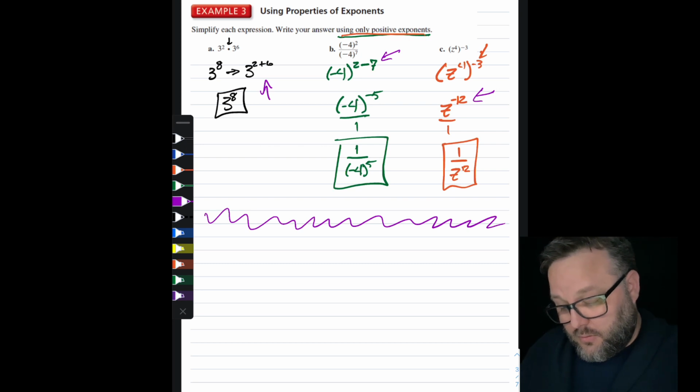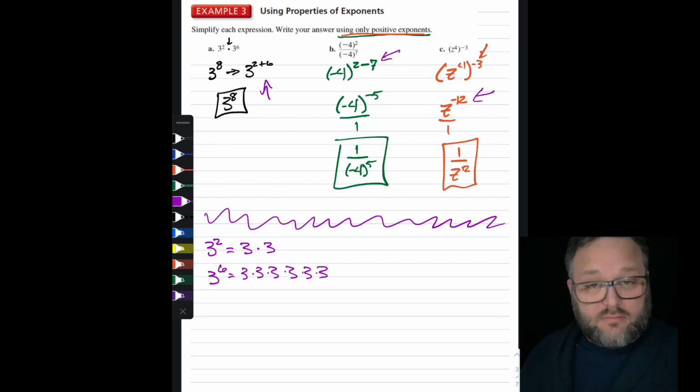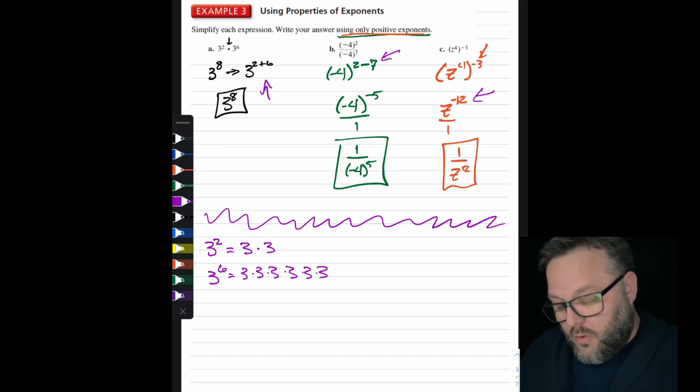Okay, so we have to remember that 3 squared is the same thing as 3 times 3. We also need to remember that 3 to the 6 is the same thing as 3 times 3 times 3 times 3. And I said this in the video, but it's always good to see it, okay? So when I have 3 squared times 3 to the 6, I could actually substitute each of these in.